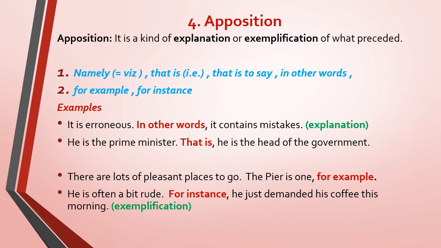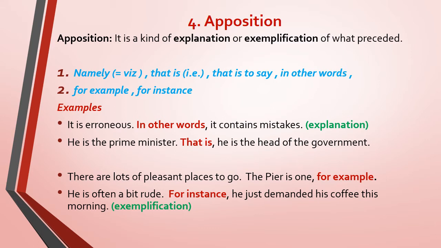Another example, he's the Prime Minister. We use this type of conjuncts when there is some ambiguity and we want to clarify in the second sentence. So he's the Prime Minister, that is, he is the head of the government. Or he is the Prime Minister, namely, he is the head of the government.